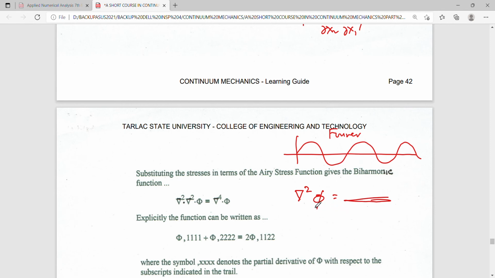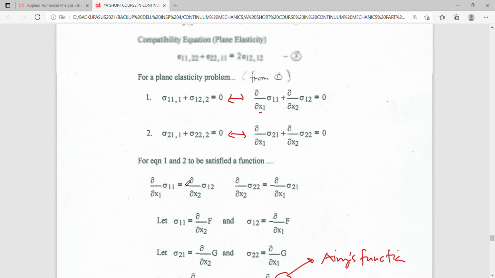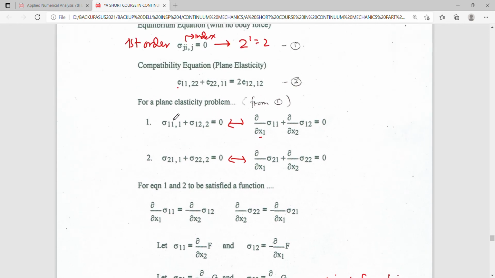So if we say biharmonic, you just use a del squared term there to make a biharmonic del to the fourth phi. Okay, so I did not place it here, but you just try doing it by simply substituting, okay, this sigma 1 1 in your original equation.